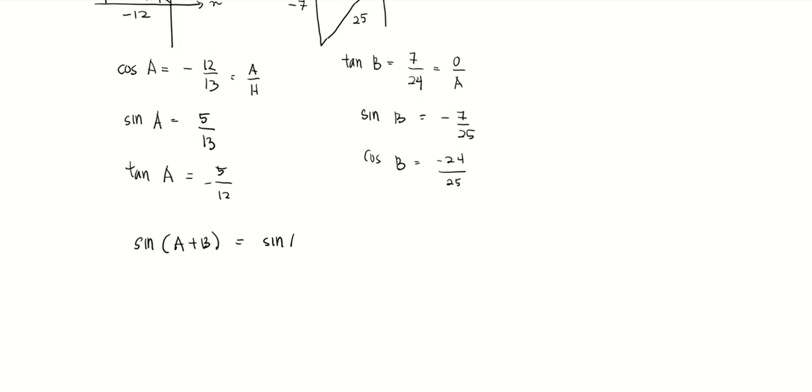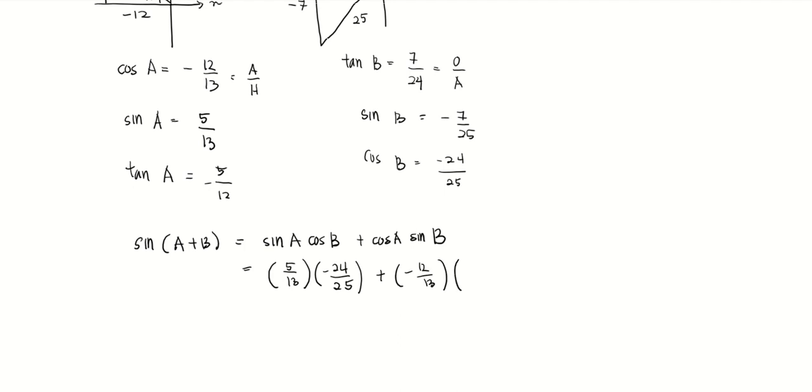This is sine A cos B plus cos A sine B. Then we can substitute the values: sine A is 5 over 13, cos B is negative 24 over 25, cos A is negative 12 over 13, and sine B is negative 7 over 25.